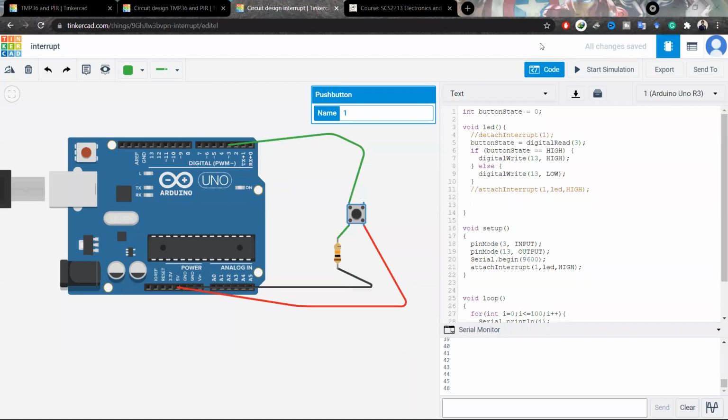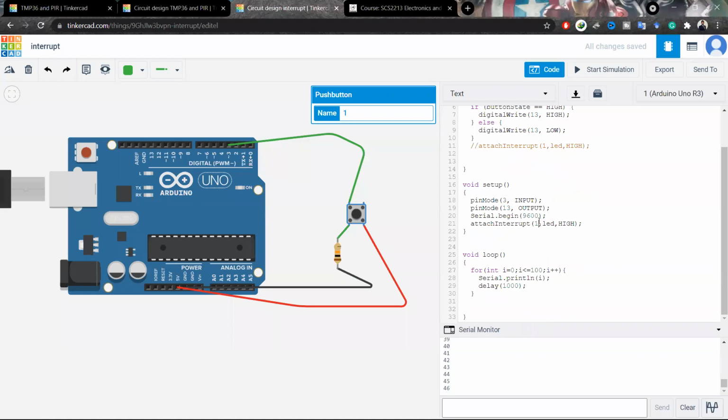Someone is asking what is the purpose of the 1 inside the attach interrupt? Yeah, if you put 1, that basically refers to digital pin number 3, D3. So I connected into D3 here. Can you see that? If we put 0, that means I'm attaching my interrupt to digital pin number 2, D2.